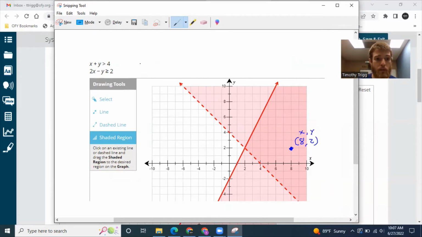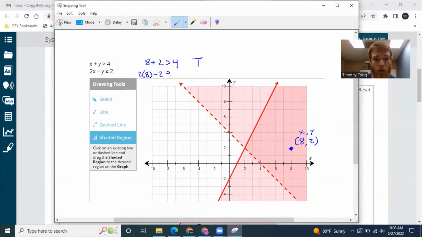So that'll give us, for this first inequality, 8 plus 2 is greater than 4. Well, we can see that's true, right? 8 plus 2 is 10. 10 is greater than 4. Yes, that's a true statement. Now, the second one should also produce a true statement. 2 times x, so it's 2 times 8, because I'm replacing the x with 8, minus, replace the y with 2.